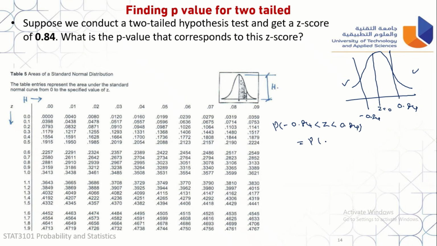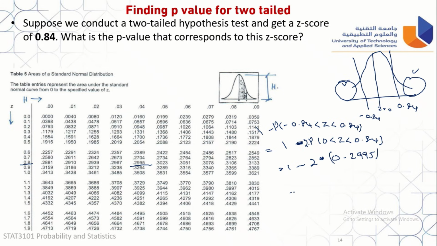So how can I write? 2 times probability of 0 less than z less than 0.84. But I want this area, right? How can I do? 1 minus, correct? So it is 1 minus 2 times the probability between 0 and 0.84. Here it is 4. What is the value?